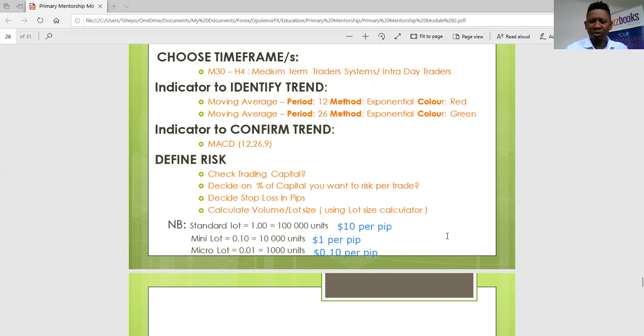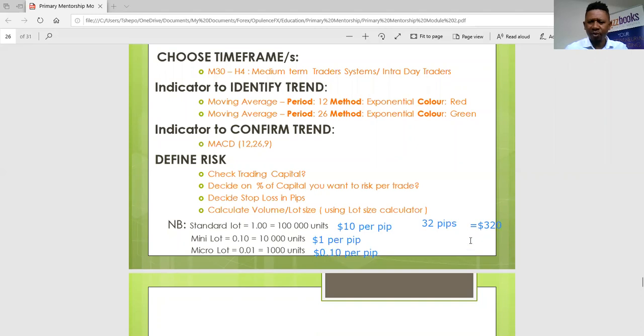Now, from the US dollar example that we had, the stop loss and the take profit, remember, was at 32 pips. So if the market moved from there to the take profit, we would be multiplying. If you're trading with 1.00, you are going to be losing $10 times 32, which is $320, or making $320.